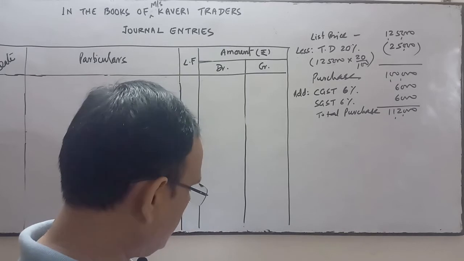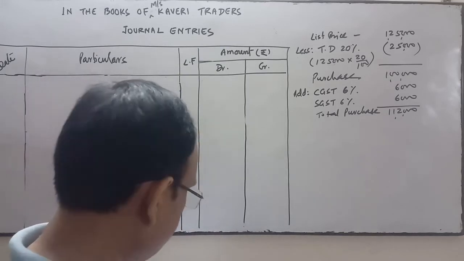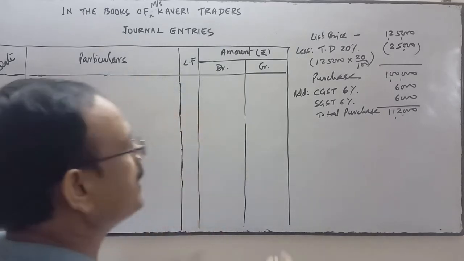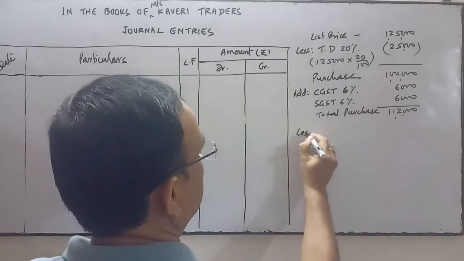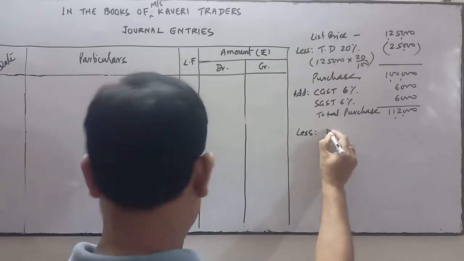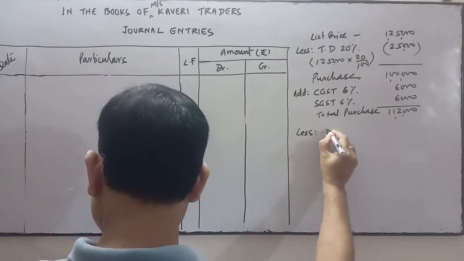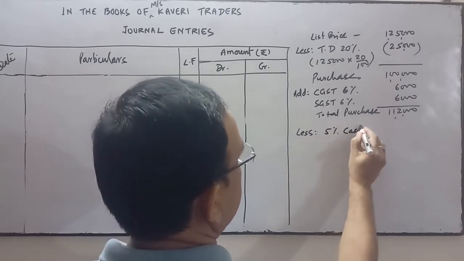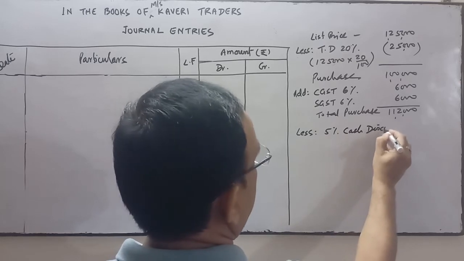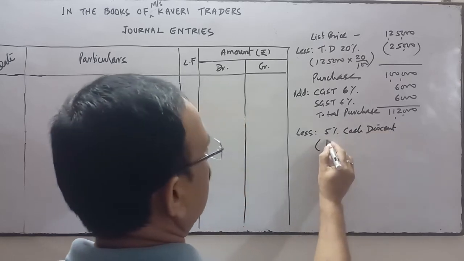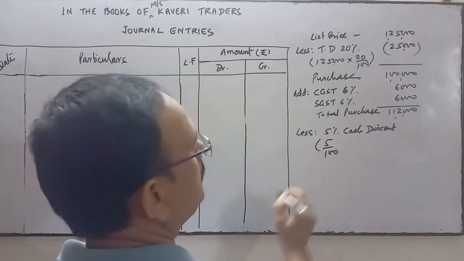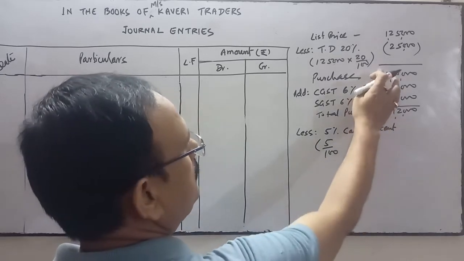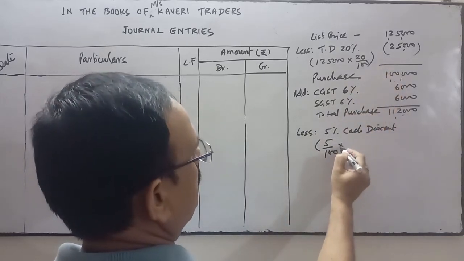Payment was made immediately by check. So what is the cash discount? It is 5% cash discount. On which amount will we calculate it? On this amount, 1 lakh.